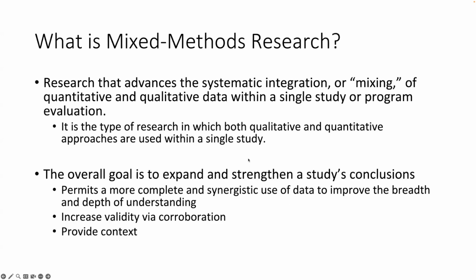It's a method in which you're using both quantitative and qualitative approaches in a single study, and you can use them in a variety of ways that I want to go over with you during the time that we have. We often use it in very traditional research to validate one of the methods, or to corroborate the methods.